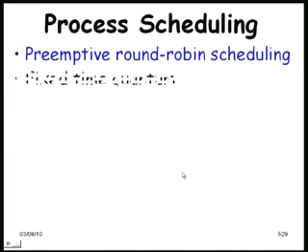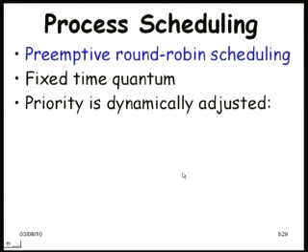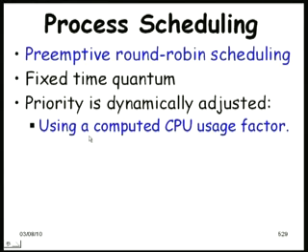The scheduling policy that is followed is round robin scheduling with a fixed time quantum, and the priority is dynamically adjusted. Unix by itself does not support any static priority. As the task keeps on running, its priority value keeps going up and down based on what the task is doing. The scheduler computes a CPU usage factor, that is, what fraction of its time slice the task could use the CPU.